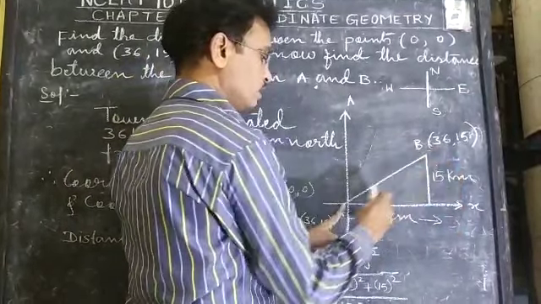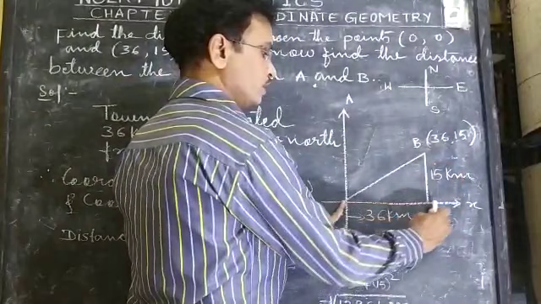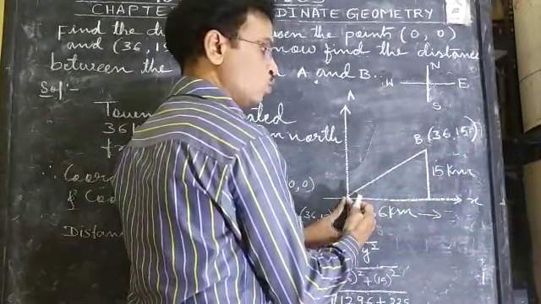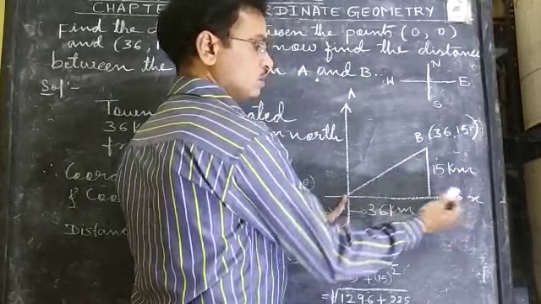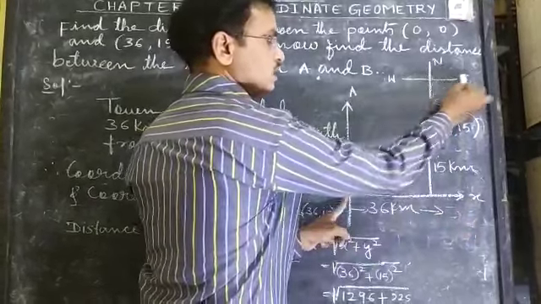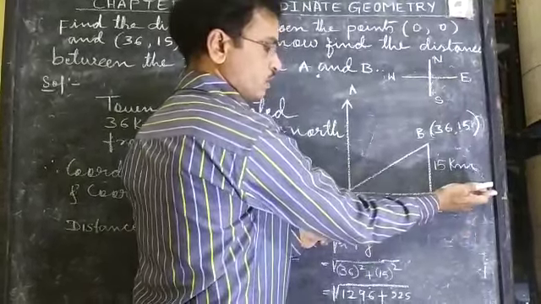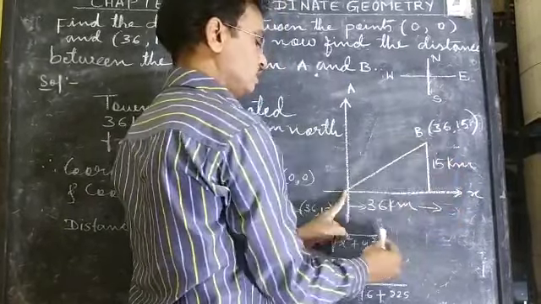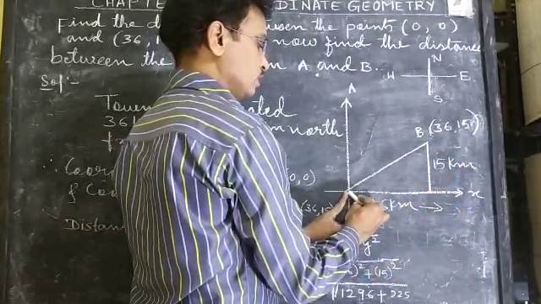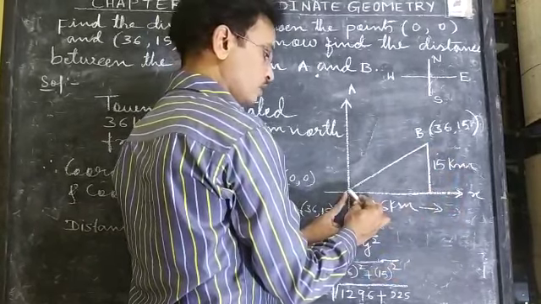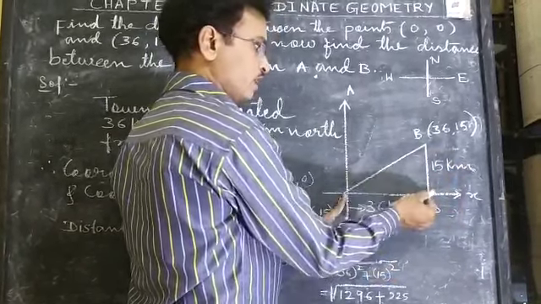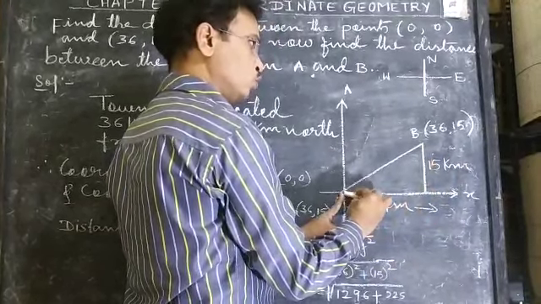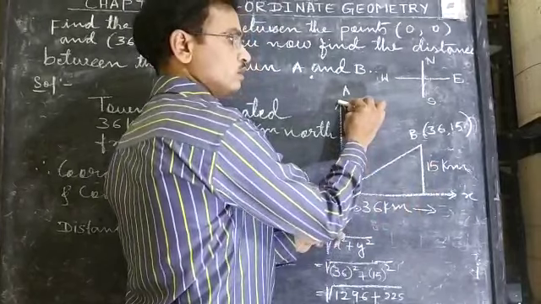Town B is 36 kilometers away from town A towards east, and 15 kilometers away from town A towards north.